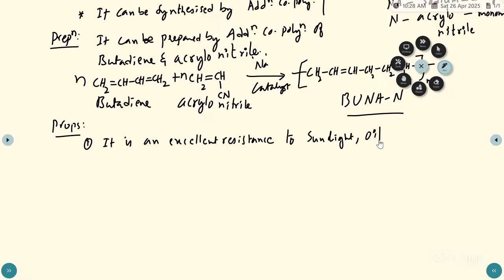Buna S reacts with oil, but Buna N does not react with oil. It is an excellent resistant to sunlight, oil, acids and bases. These are the properties of Buna N.